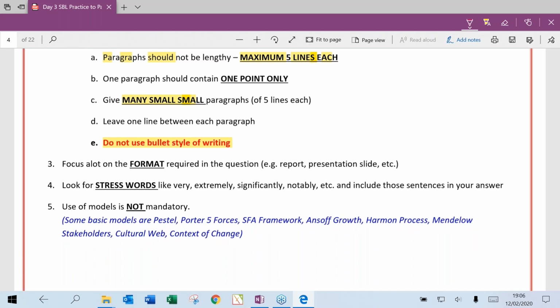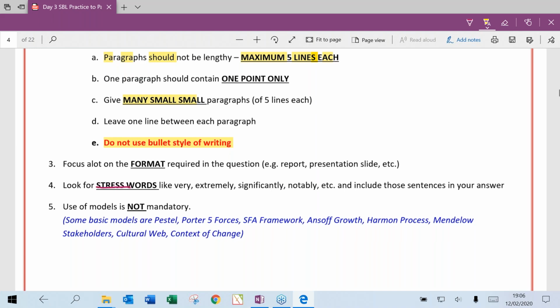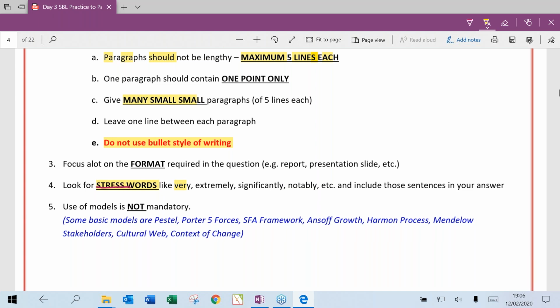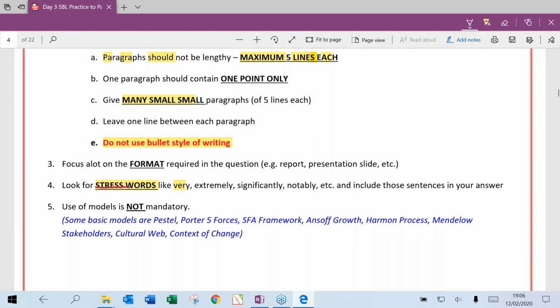Number 4 point is very interesting. Look for stress words. Now, what is the meaning of stress words? Very is a stress word, extremely, significantly, notably. All these are stress words. What is the importance of a stress word?